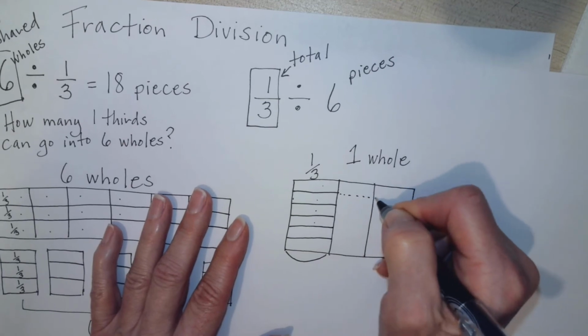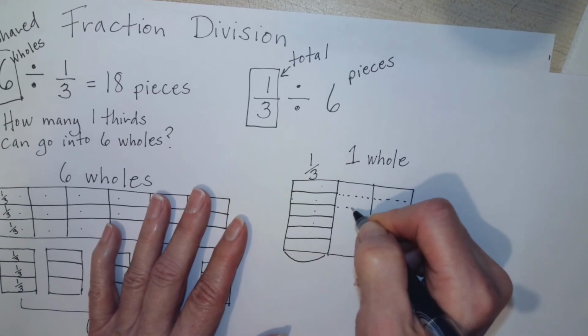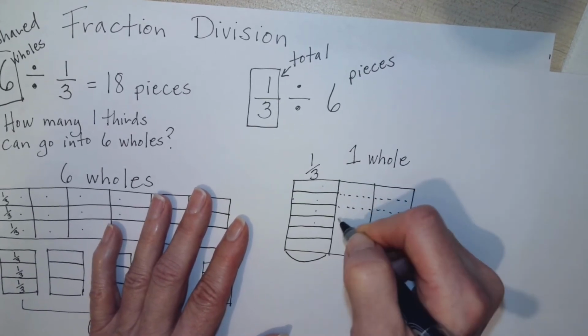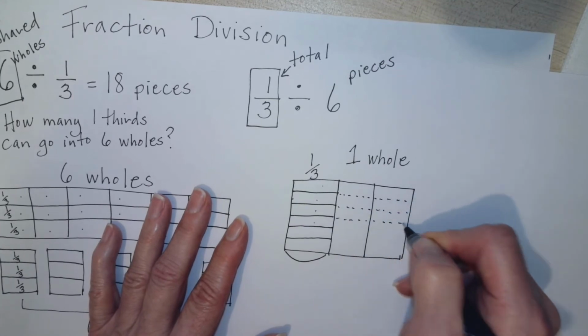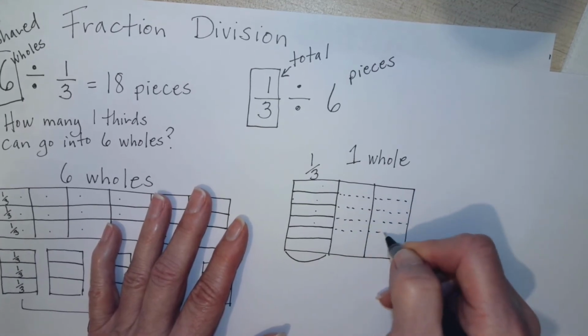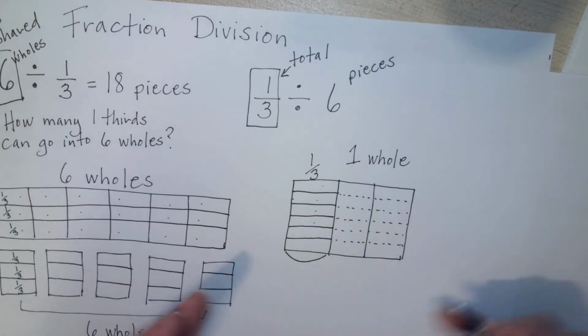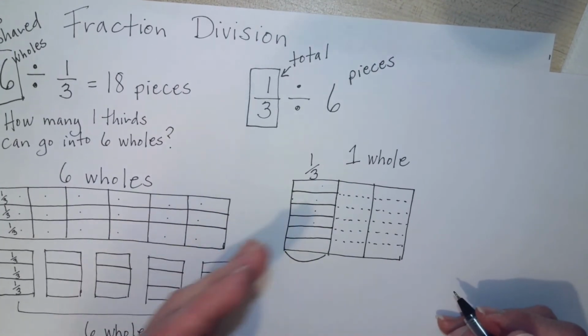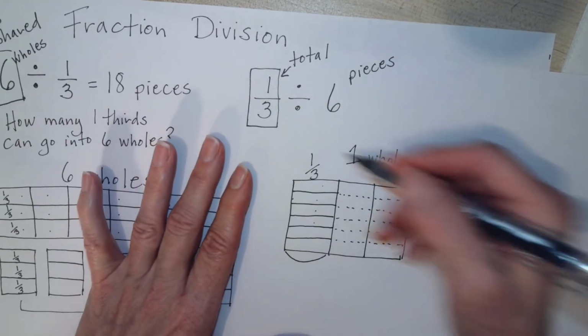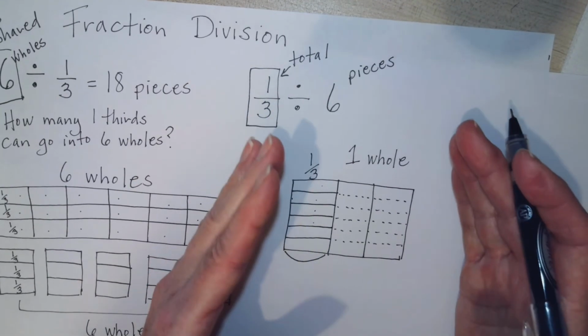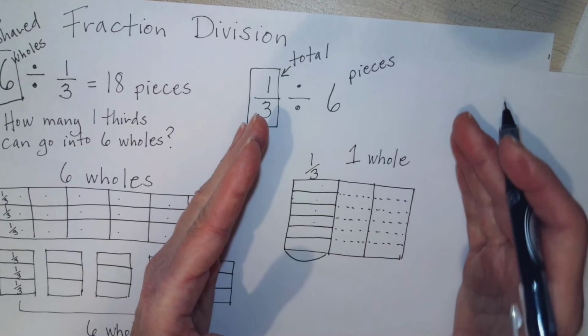We have to remember that this is part of a whole, so that's what these little dots are showing. This 1/3 is not a whole that's being broken up into 6 pieces. It's part of a larger whole. It's a third of that larger whole.